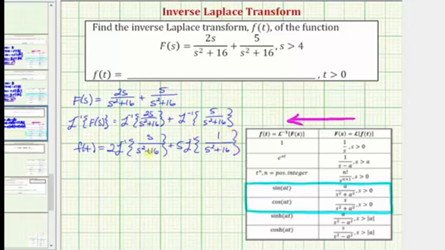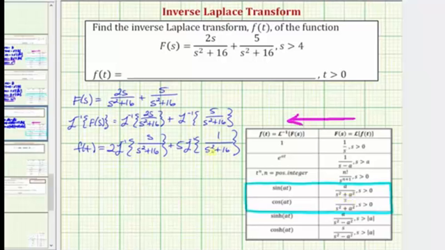So now looking at this inverse Laplace transform, notice how it fits this form perfectly. The numerator is s, and the denominator is s squared plus a squared, where a squared is equal to 16, meaning a equals 4.